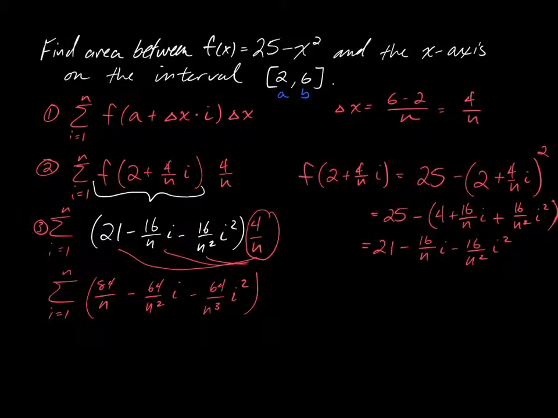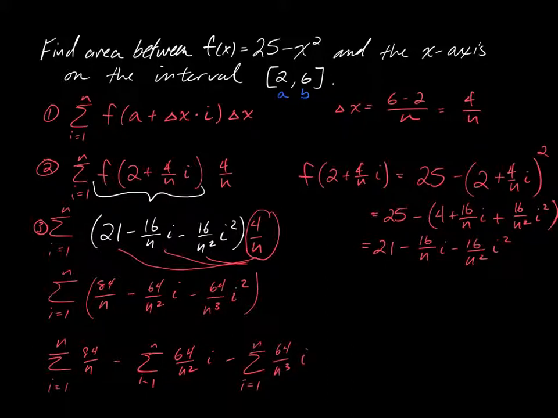Now we can split these terms apart and say that it is the sum as i goes from 1 to n of 84 over n, minus the sum as i goes from 1 to n of 64 over n squared times i, minus the sum as i goes from 1 to n of 64 over n cubed times i squared.